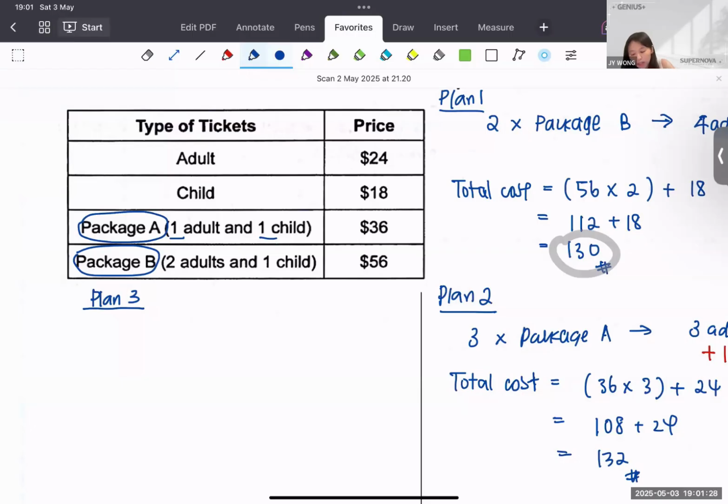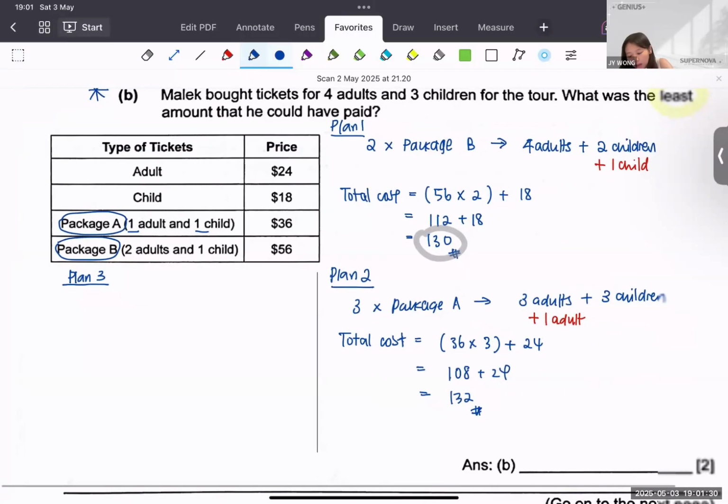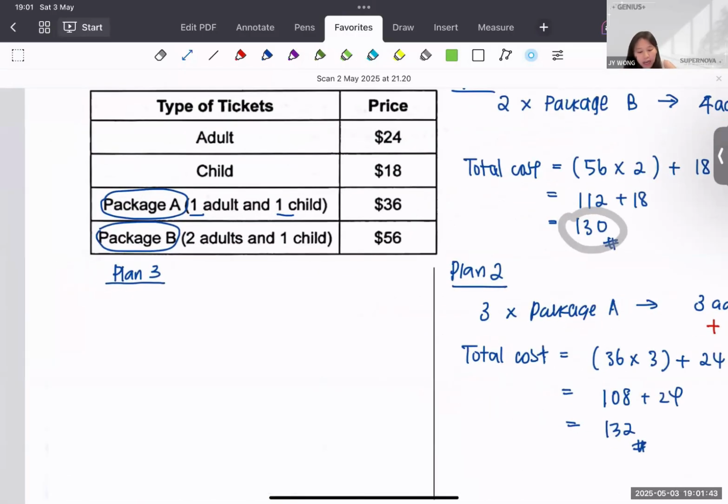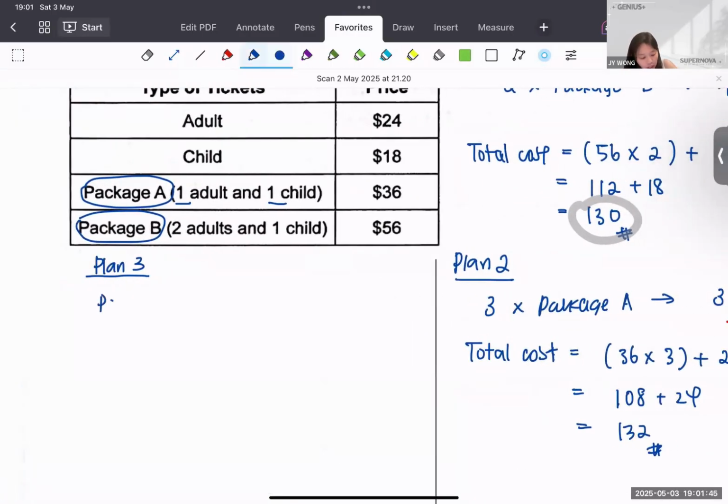Just now we added individual adults and children, so that gives us the price that we saw earlier. But you remember, when you have bundle deals, it's always cheaper. So how can I make use of both package A and package B? Package A gives me 1 child and 1 adult, and then package B gives me 2 adults. So how can I make it 4 adults?